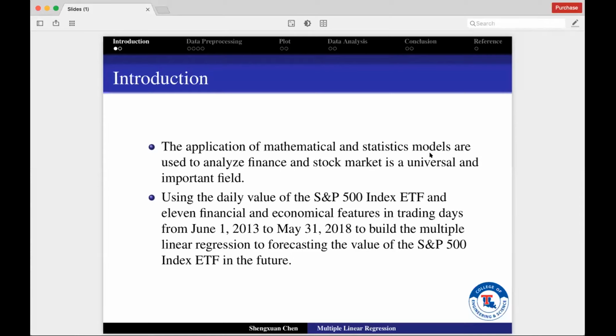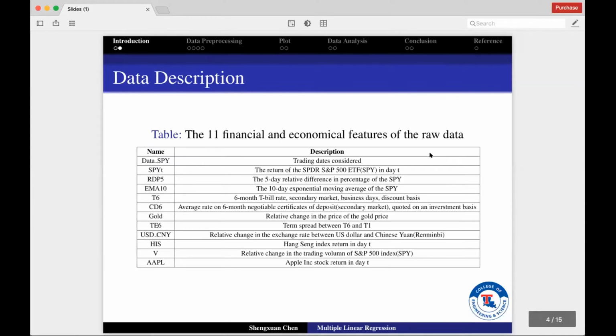So this project uses multiple linear regression to find the math model between the daily value of the S&P 500 and 11 related financial and economic features.